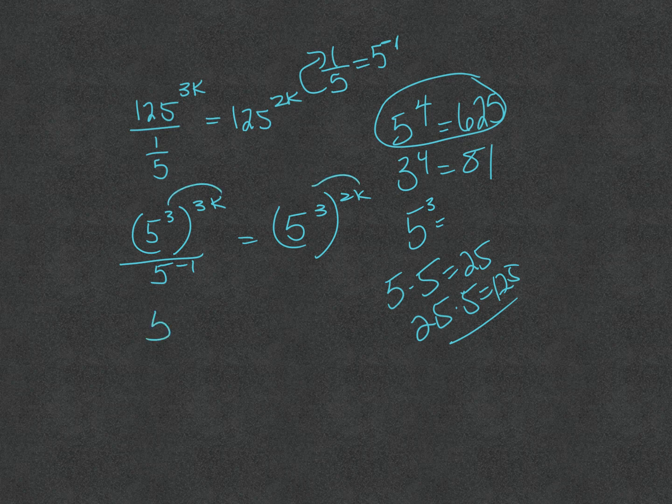So 5 to the power of 9k over 5 to the negative 1 equals 5 to the power of 6k. Now you have two choices here. You can use the quotient rule, or you could also bring that 5 to the top and combine the other way. But let's use our quotient rule. What's the quotient rule again?